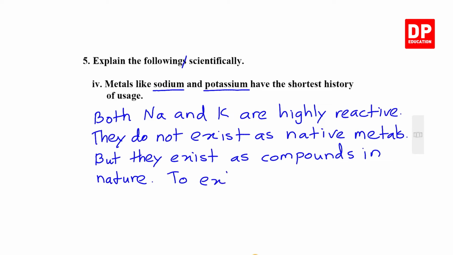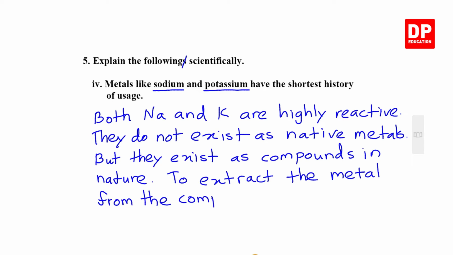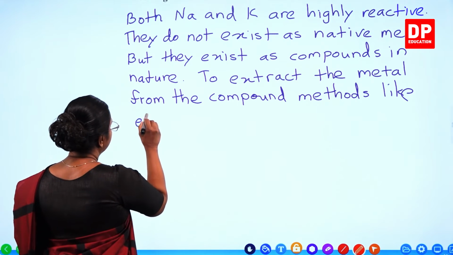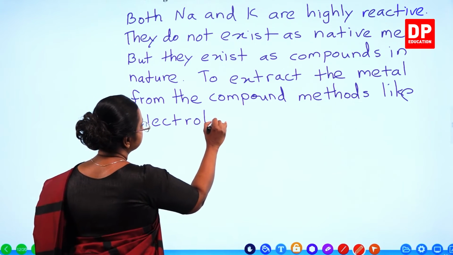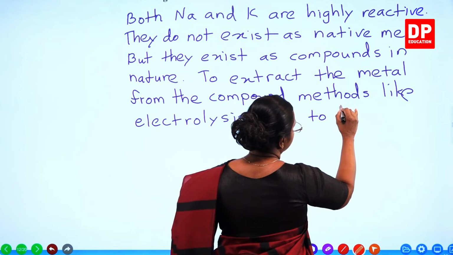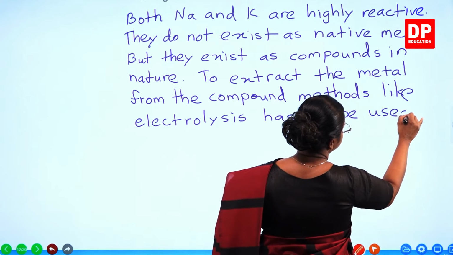To extract the metal from the compound, methods like electrolysis have to be used.